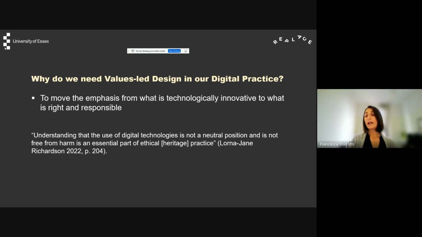For example, digital heritage scholar Lorna Richardson, discussing ethics and the sustainability of digital practice, argues that understanding that the use of digital technologies is not a neutral position and is not free from harm is an essential part of ethical heritage practice.